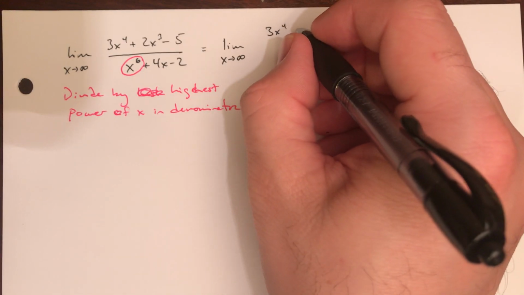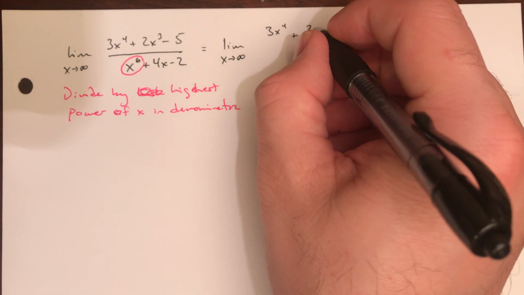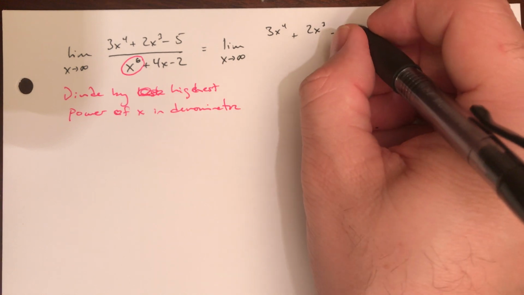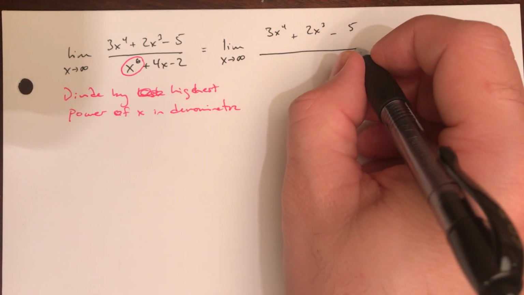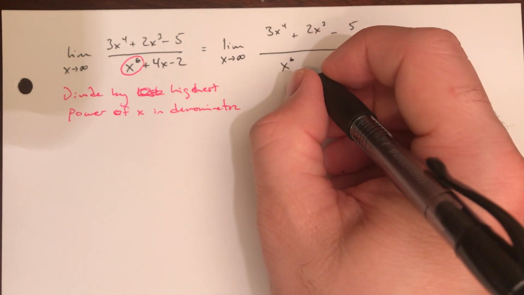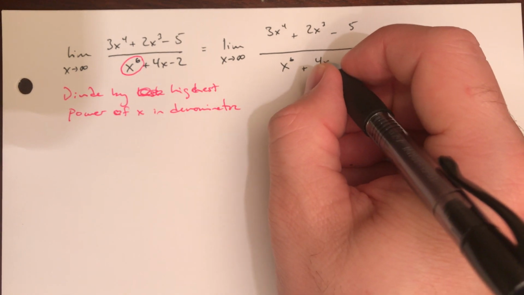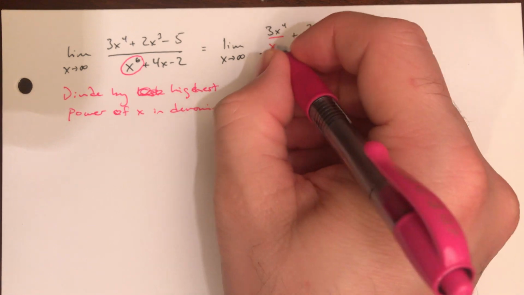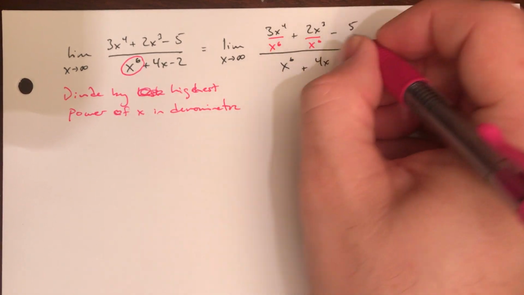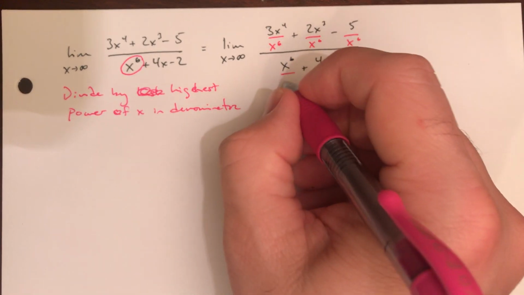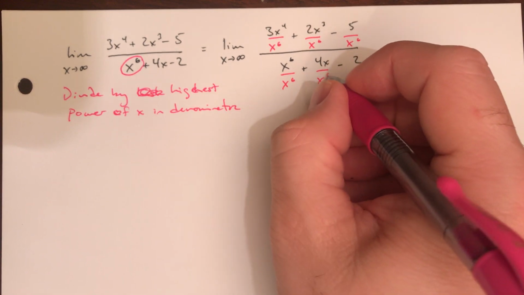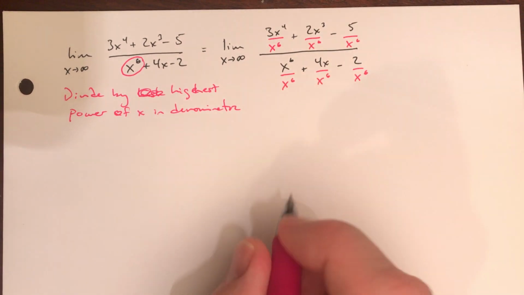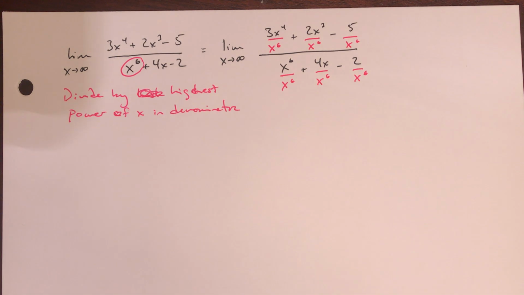3x to the 4th plus 2x cubed minus 5, and then x to the 6th plus 4x minus 2. We want to divide by x to the 6th. This step is essentially whatever we do to the numerator of our fraction, we do to the denominator.